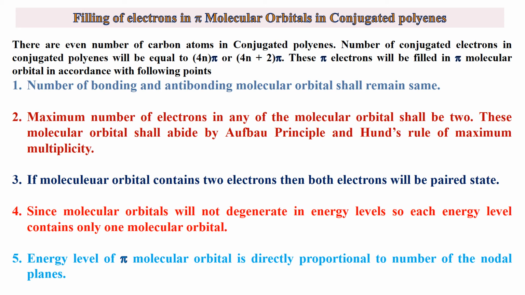Number of conjugated electrons in the conjugated system should be equal to the rule given by Huckel, that is 4n plus 2 pi rule. Number of pi electrons will be filled up in the pi molecular orbitals. So total number should not exceed or should be equal to 4n plus 2 pi rule.